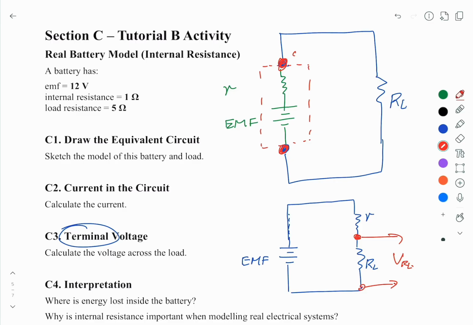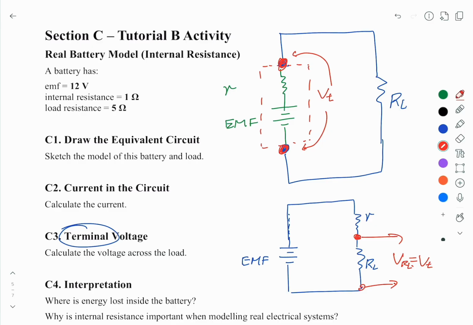So this is the so-called terminal voltage, and you can see what you measure, the terminal voltage, will be less than the EMF, because it is like measuring a voltage at a potential divider.